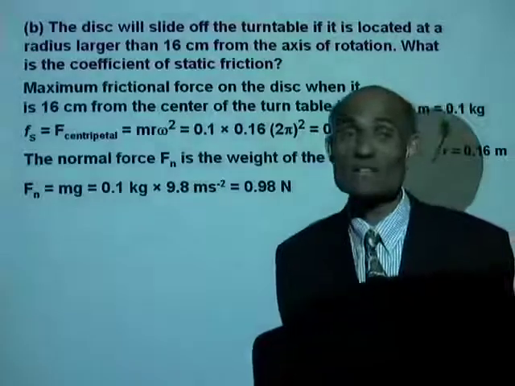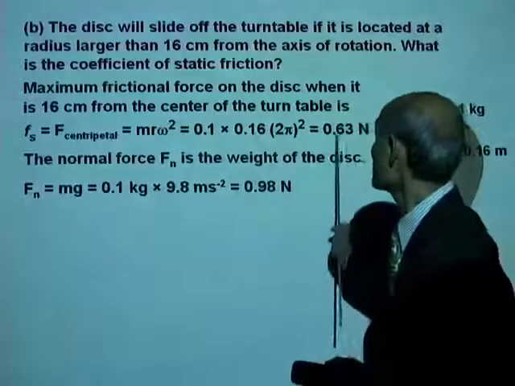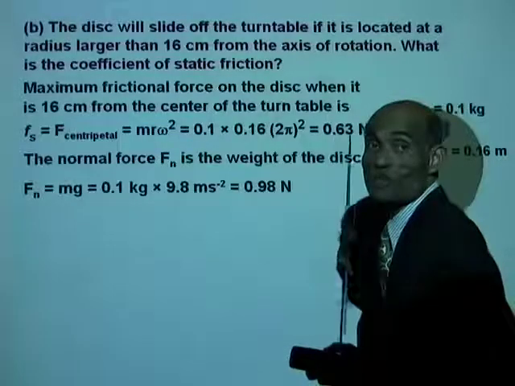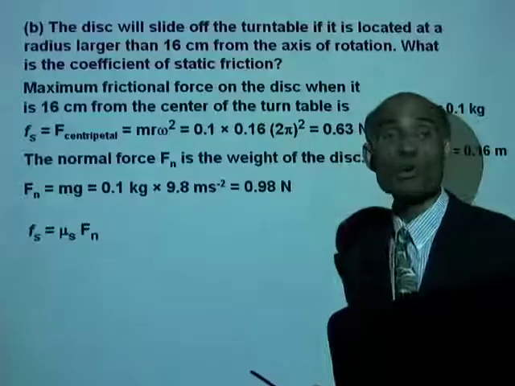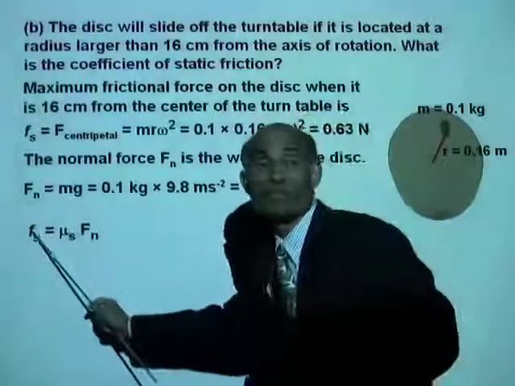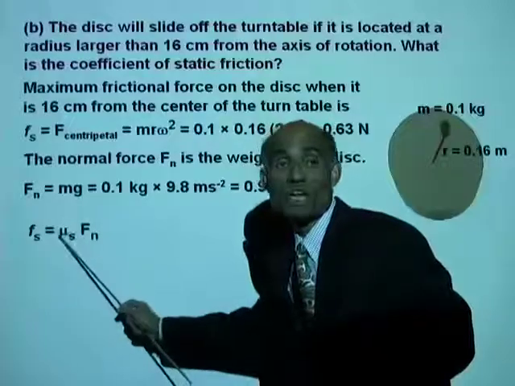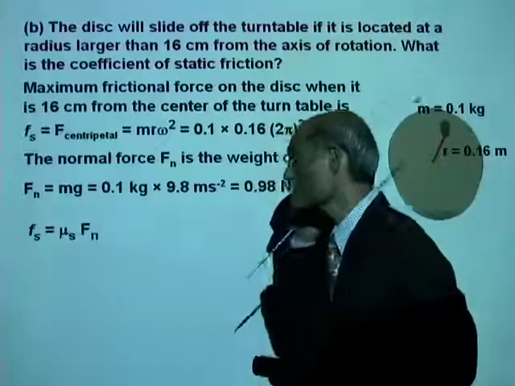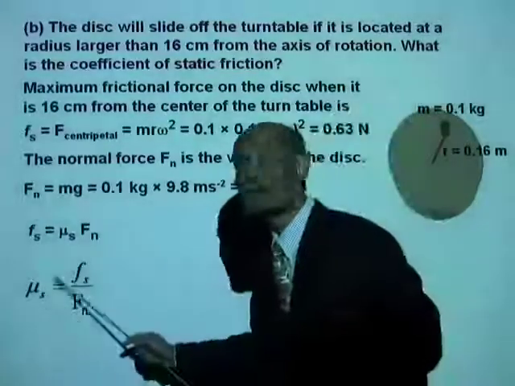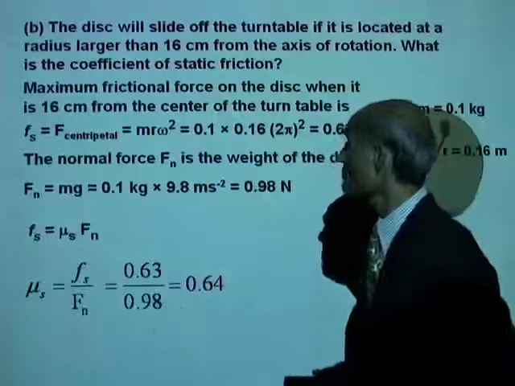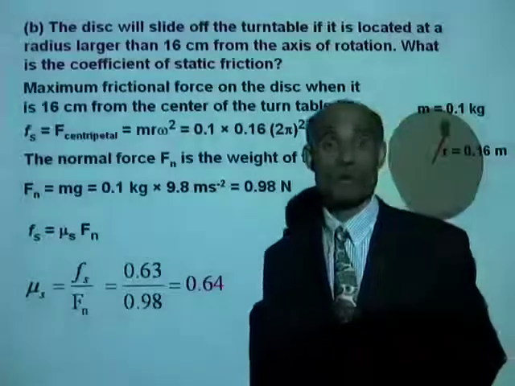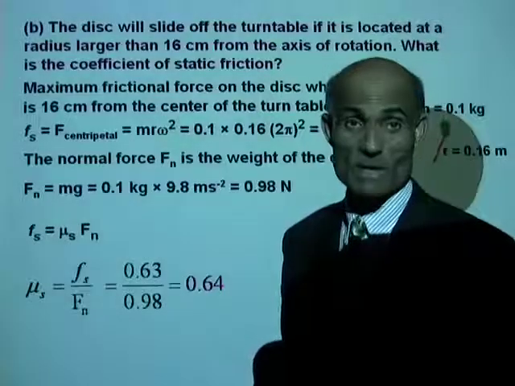The coefficient of static friction is the force of limiting friction divided by the normal force, or the force of limiting friction is mu s times Fn, or mu s equal to Fs over Fn. That will be 0.64. All right?